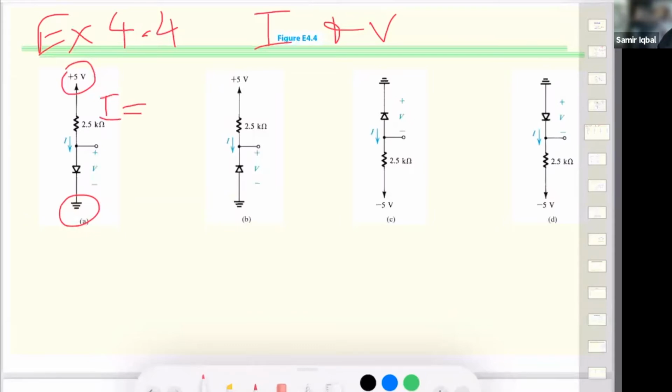So 5 volt minus 0, which is ground, divided by 2.5 kilo ohms. Kilo will flip it and take it up, and that would become 2 milliamps, right?